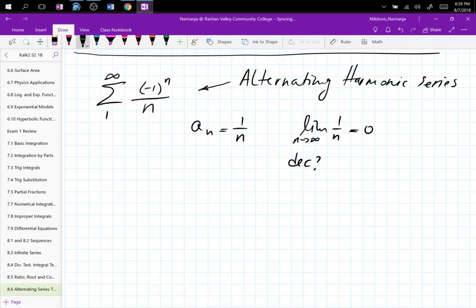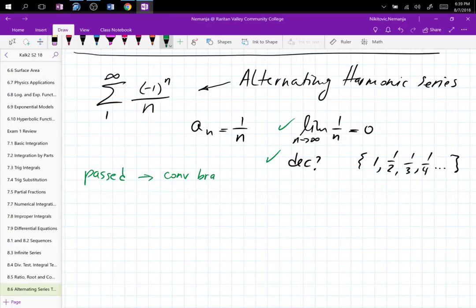Sure, it's decreasing because the sequence is 1 over 1, so that's 1, 1/2, 1/3, 1/4, and so on. So it passes both conditions, and this is immediately passed on to the convergent branch. So passed, go to convergent branch.